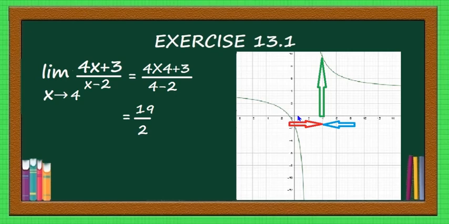And if x is approaching from the left side of 2 and it is less than 2, the function is approaching towards minus infinity. And that's why the limit of the function at x equal to 2 does not exist, whereas it is defined and it exists at x equal to 4, and the answer is 19 by 2.